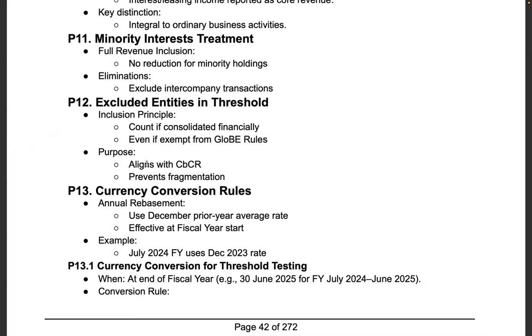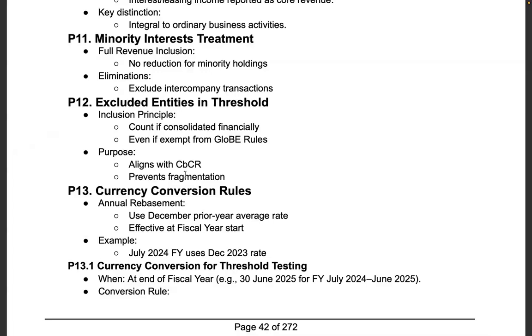Purpose: it aligns with the CBCR and it prevents fragmentation. Fragmentation is a different topic, whereby there is artificial separation of business. So it allows for better reporting of results for the purposes of application of tax.